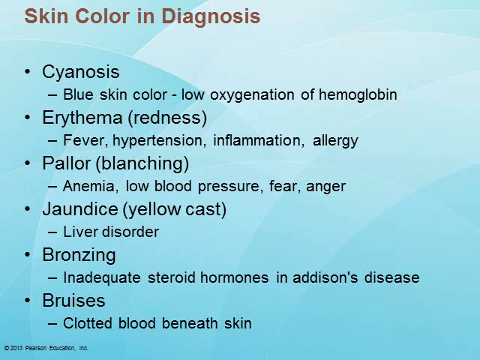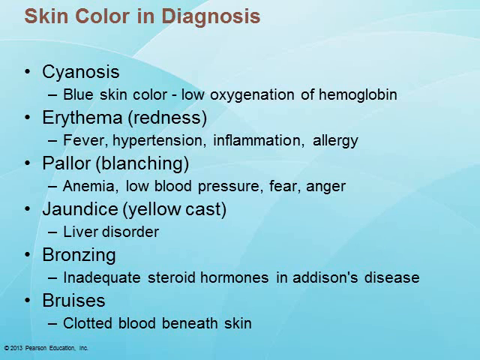Okay, the blood in their skin does not have enough oxygen, and that will turn the skin blue. That's cyanosis. That color comes from blood, but the hemoglobin does not have enough oxygen in it. And the second condition, if there's too much blood in the skin, it makes the skin become red, erythema.